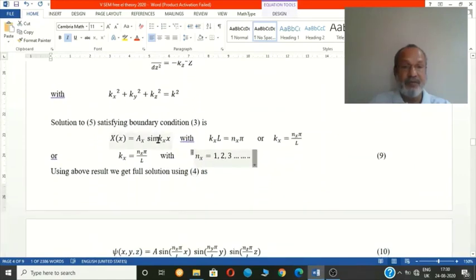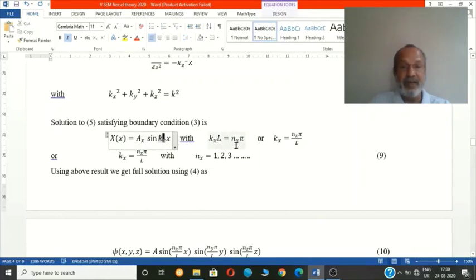So if we take a sine function, then when x equal to 0, this sine function will be 0, so capital X is also 0. But at x equal to capital L, kx into L, if it is some n times pi, then you will get again the sine function 0. So capital X equal to 0. So this is the function satisfying the boundary condition, provided this equation is satisfied by the kx.